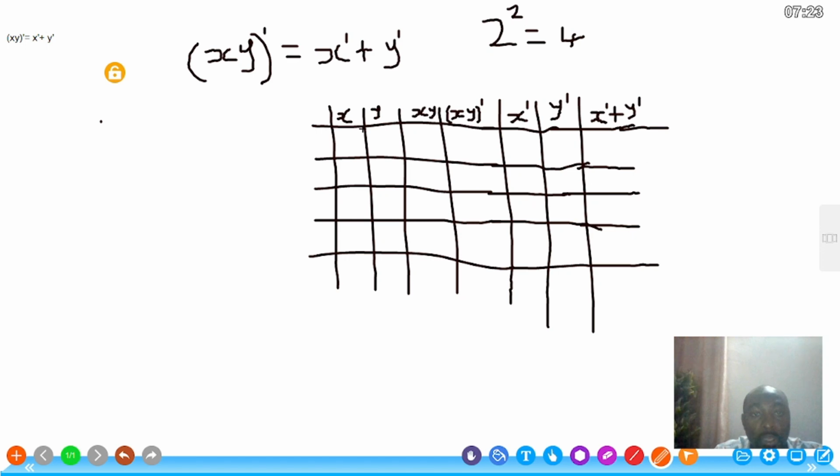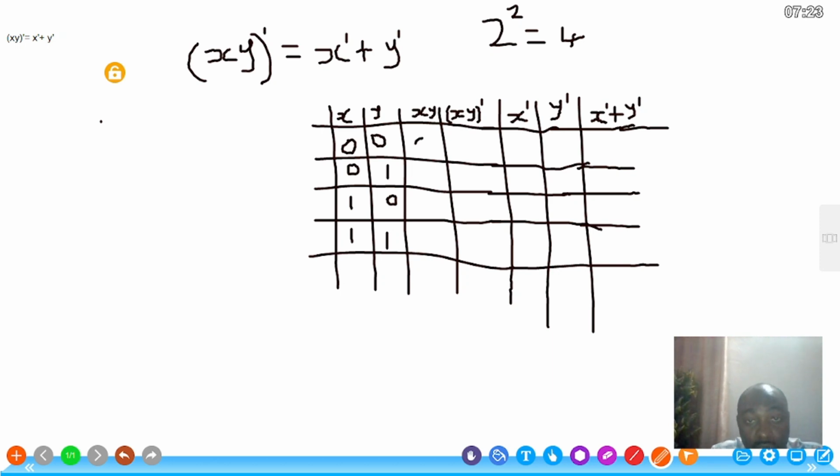Remember, we have 2 zeros for the first column in the variable x, and then for the y you have 0 1, and we also have 0 1. So xy, this is an AND gate between x and y. Remember, for the AND gate we said all the inputs must be high, must be 1.